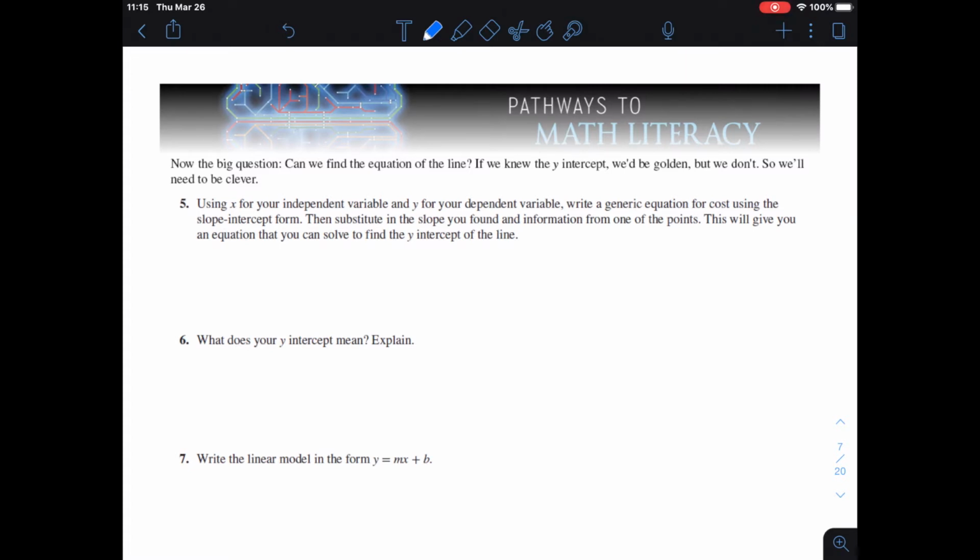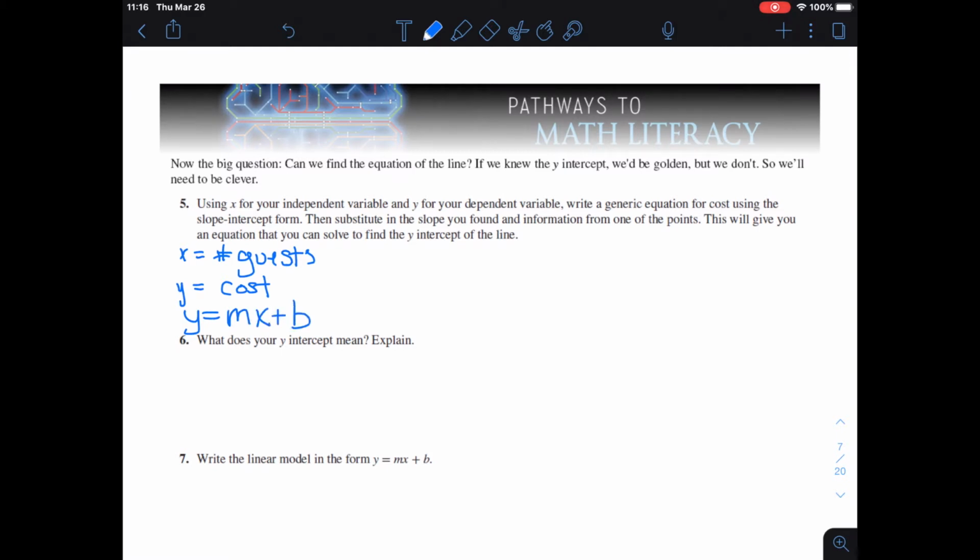We're going to do this in a couple different ways. The first one is we've got to put a bunch of different variables down and their meanings. So we're going to let x be our independent variable, the number of guests. y is our dependent variable, the cost. And the equation of our line is always y equals mx plus b.